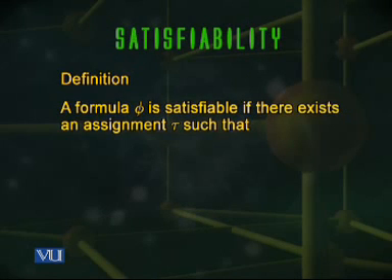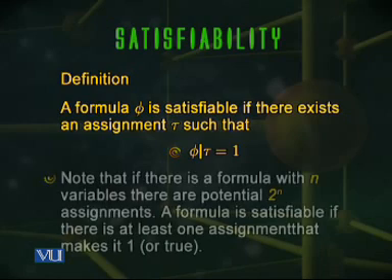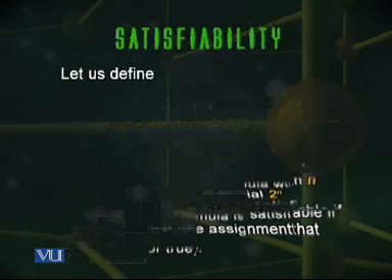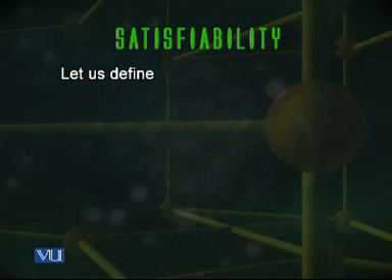A formula phi is called satisfiable if there is an assignment tau such that phi restricted to tau evaluates to 1. Note that if there is a formula with n variables, then there are potentially 2 to the n assignments. A formula is satisfiable if at least one of these assignments makes it 1 or true. So that's the definition of a satisfiable formula.